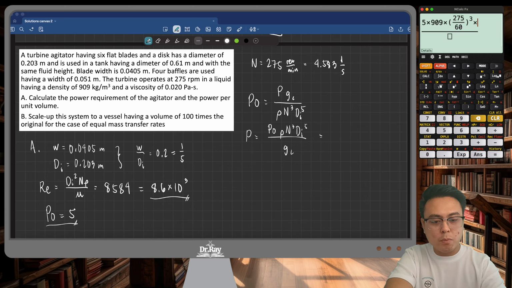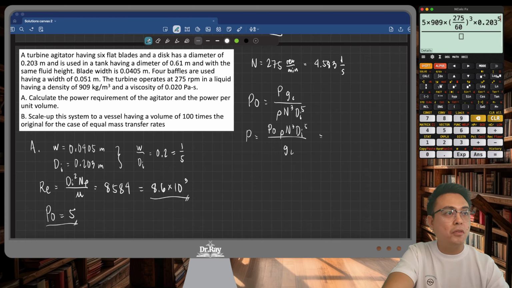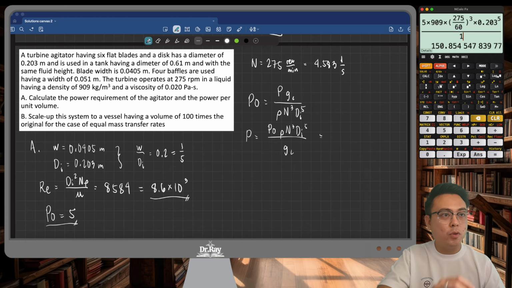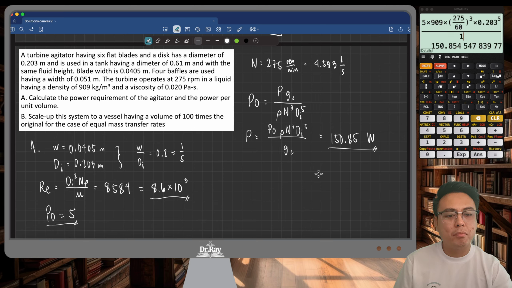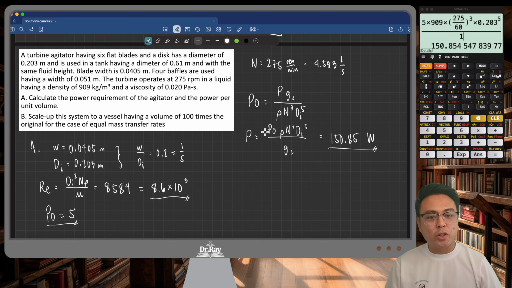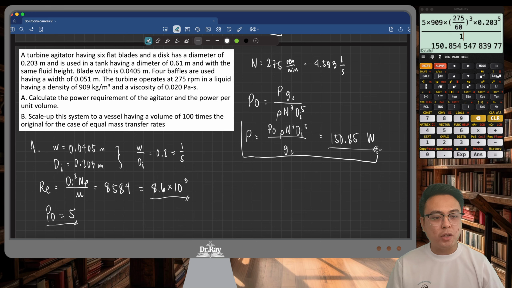Impeller diameter is 0.203 to the fifth over gc, 1. Power is 150.85 watts. Okay, we're done with letter A. So this is the requirement for letter A.